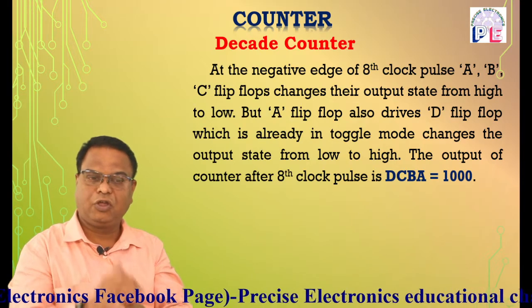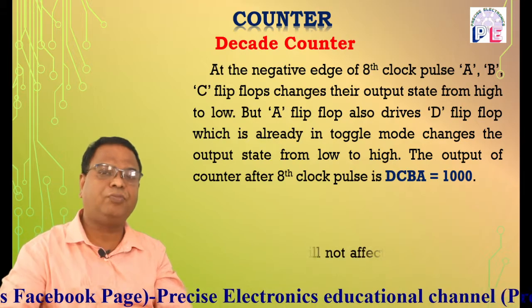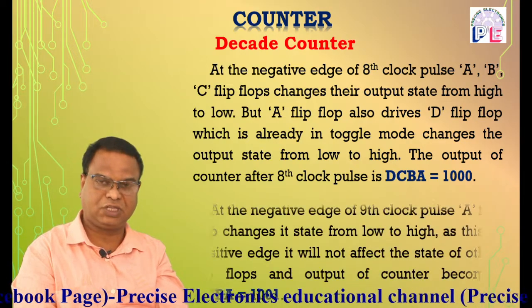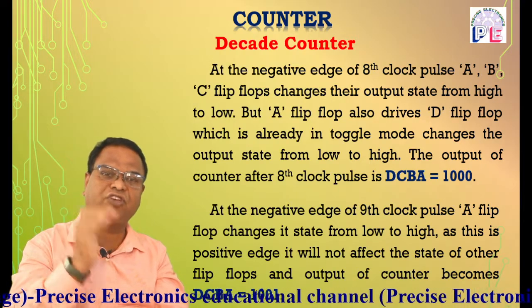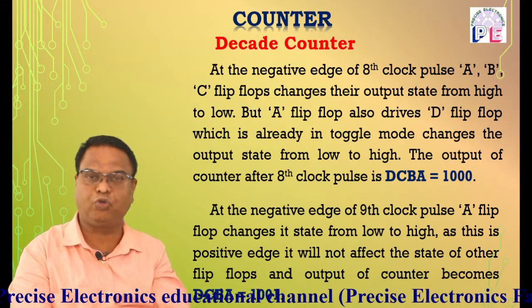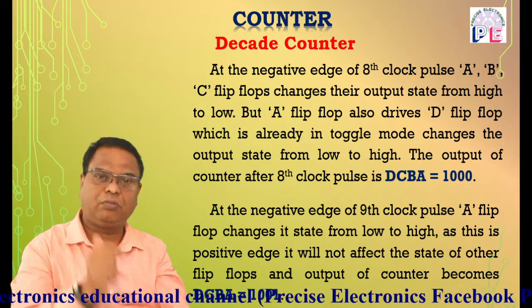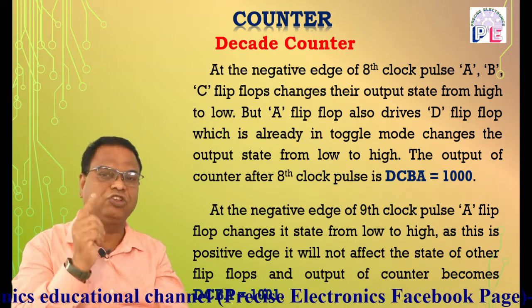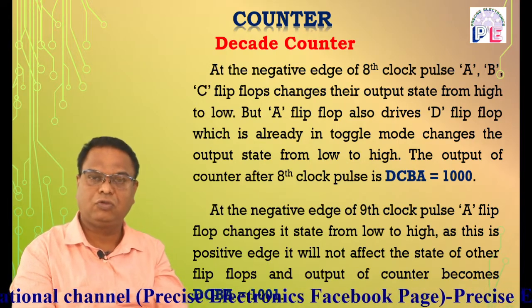Next, at the negative edge of the 9th clock pulse, the A flip-flop changes its state from 0 to 1. But this is a positive edge, so it will not affect the state of the B and C flip-flops.